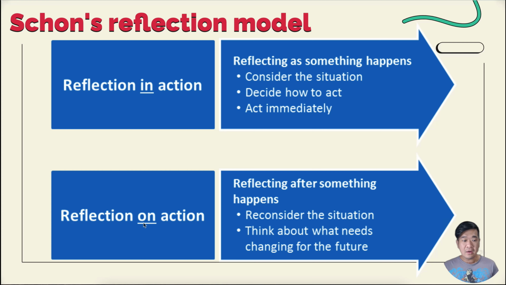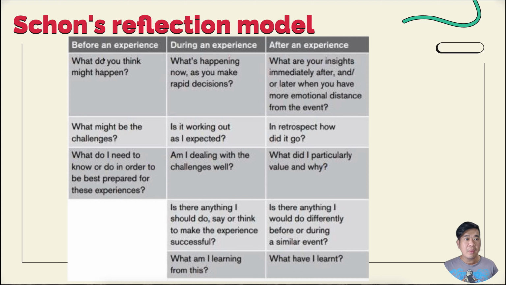Reflection on action is after something happens, you recognize what happened and realize what you will change for the future. Here's an example: before the experience, during the experience, and after the experience. These are the questions that you may want to look into, as guiding questions.